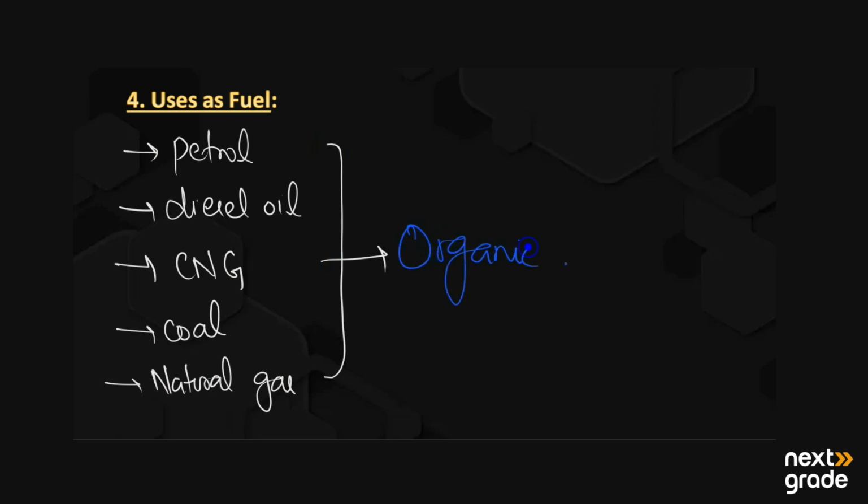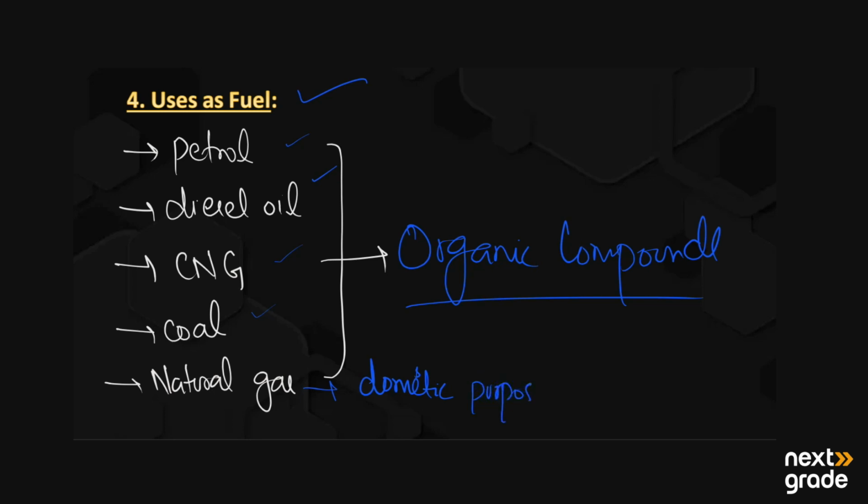So we use organic compounds as a source of fuel like petrol, diesel, CNG, coal, and natural gas. It is also used at the domestic level for cooking at home. So mainly organic compounds are used as fuel.